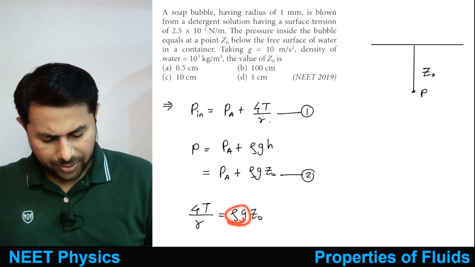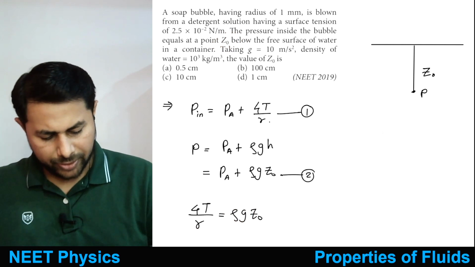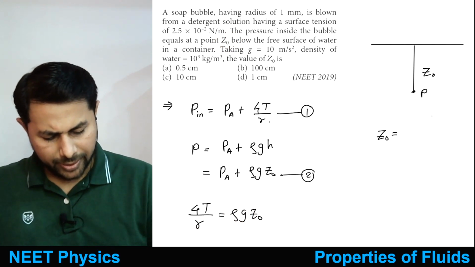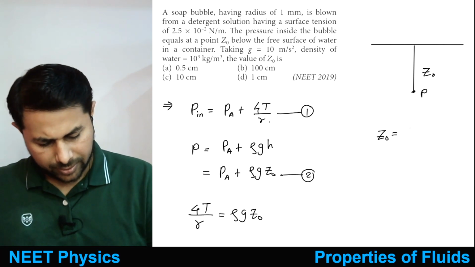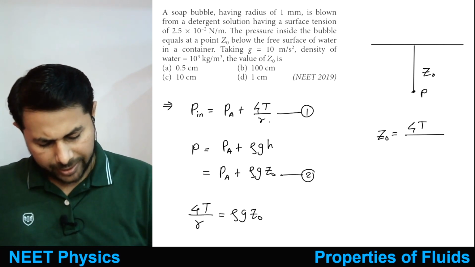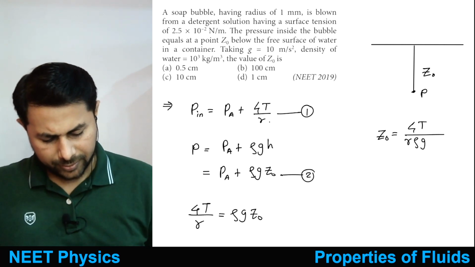So you can take this rho g on the other side, and therefore Z naught will be equal to 4T divided by R rho g. Put the values.